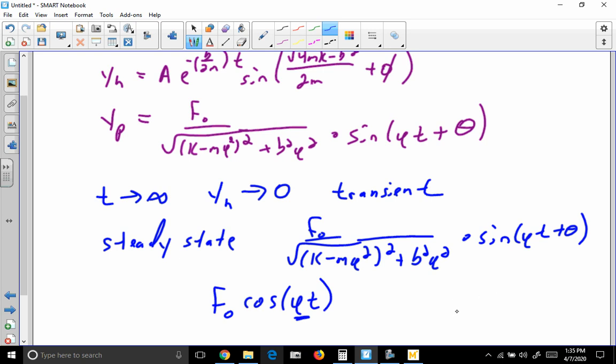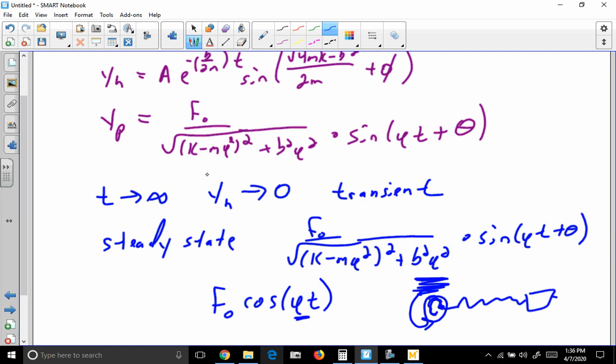Let's suppose we have a spring attached to a mass, but then on this side, maybe that's attached to a motor that's spinning. So this point is moving. So we have it oscillating back and forth on this end, as well as this mass, when you pull the spring, is oscillating.